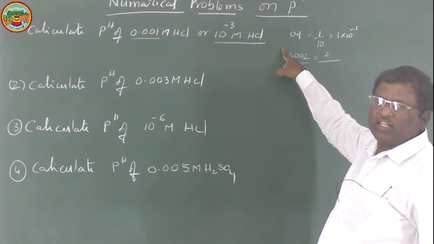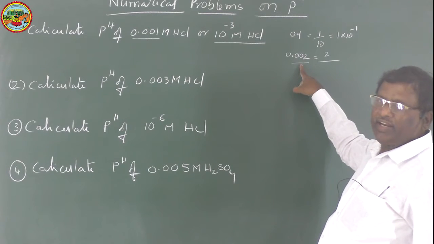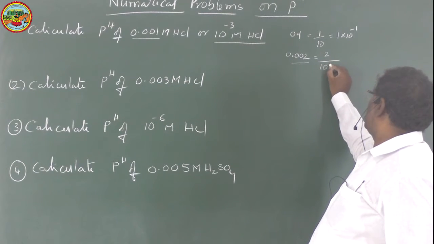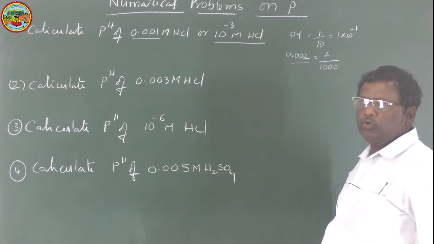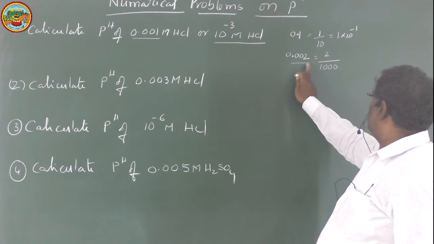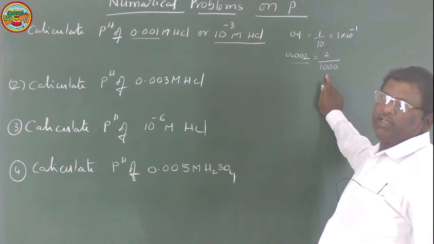If 2 digits are there, we write 100. If we have 3 digits, it can be written as 2 by 1000. Both have the same meaning: 0.002 is equal to 2 by 1000.